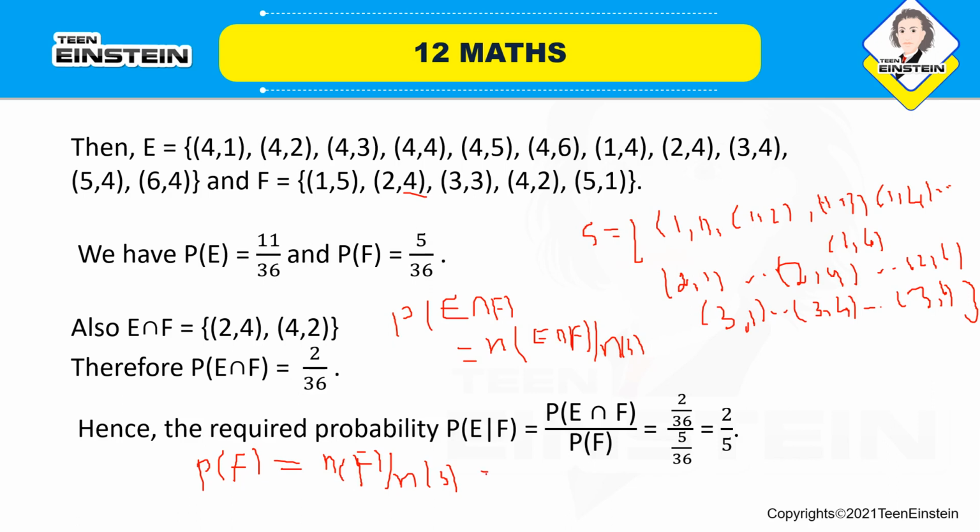So this is 5 by number of elements in S, which is 36. So 5 by 36.